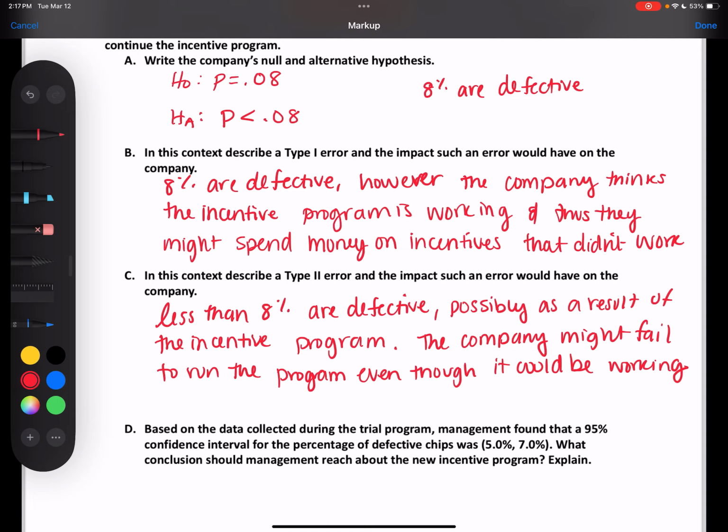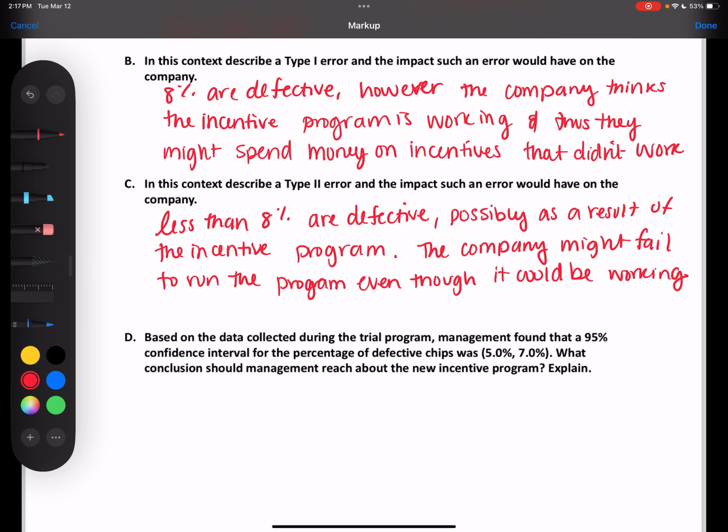All right, last thing. Based on the data collected during the trial program, management found that a 95% confidence interval for the percentage of defective chips was 5% to 7%. What conclusion should management reach about the new incentive program? It appears to be working. Yeah.